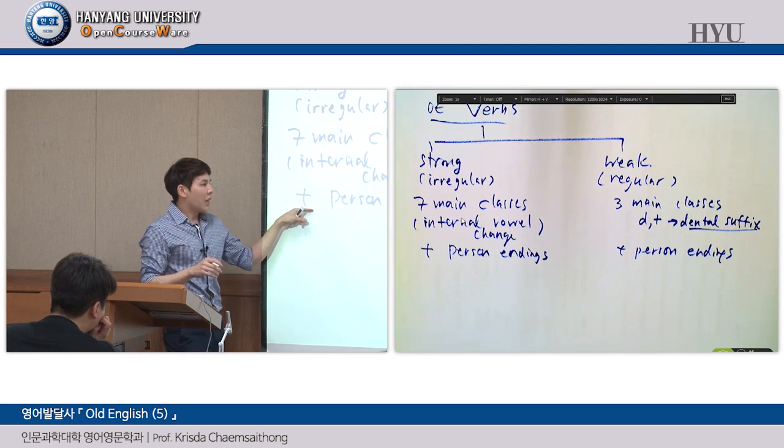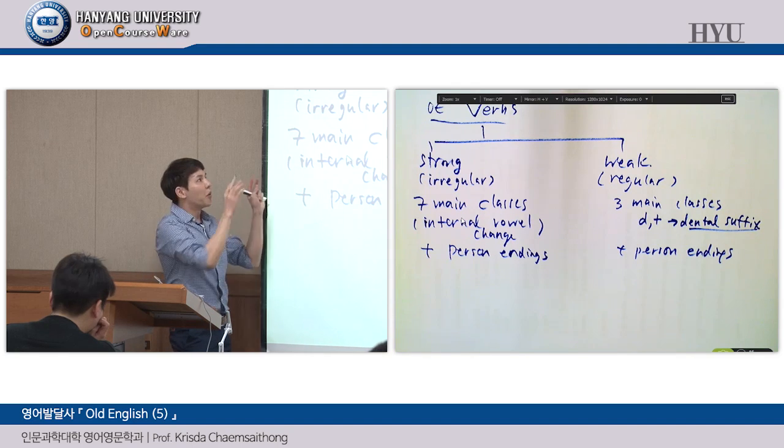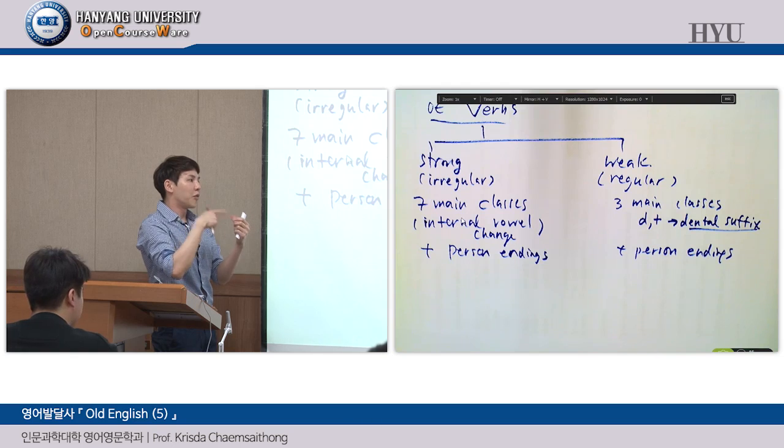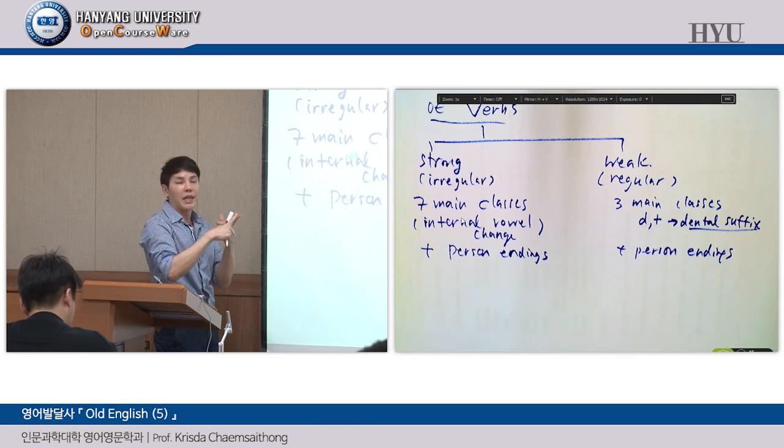you also have to add person endings, you remember, for both groups, right? Person endings include the information about who, and how many people. In other words, I, you, or we, or he, she, it, right?